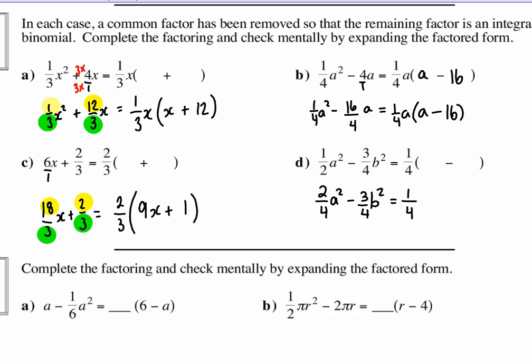Yes, because they each have a 4 on the denominator. So when we factor out the 1/4, what are we left with? 2a squared minus 3b squared. Right? We're pulling out the denominator. That's because it has the 4 on the denominator. It's gone. And then we just factored 1 out of the numerators. So that's why we have 2a squared minus 3b squared.